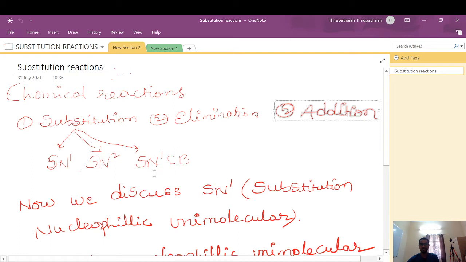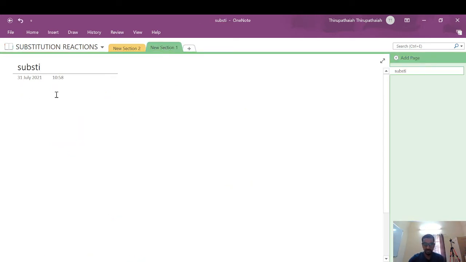CB represents conjugate base, substitution nucleophilic unimolecular conjugate base type reactions. In this class, we will discuss substitution reactions of unimolecular type, that is SN1 reactions. Okay, SN1 reactions, why they are called SN1?